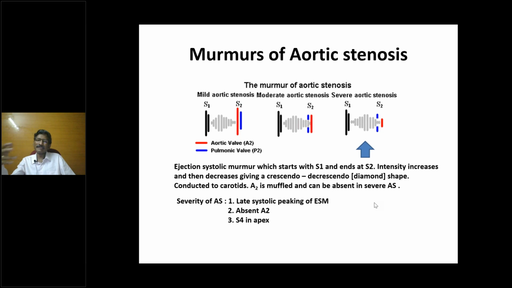Late peaking is because as the valve narrows, left ventricle will take longer time to eject. So the ejection gets delayed and therefore it is late peaking, and S4 is due to decrease in the compliance of the left ventricle.